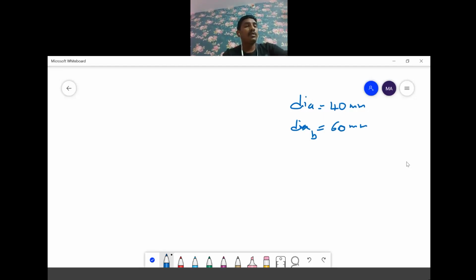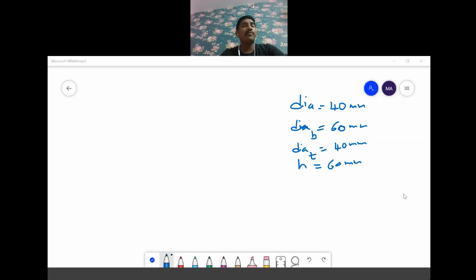The bottom diameter of the cone is 60 mm, the top diameter is 40 mm, and the axis is 60 mm long. Here he has given the height as 60 mm.